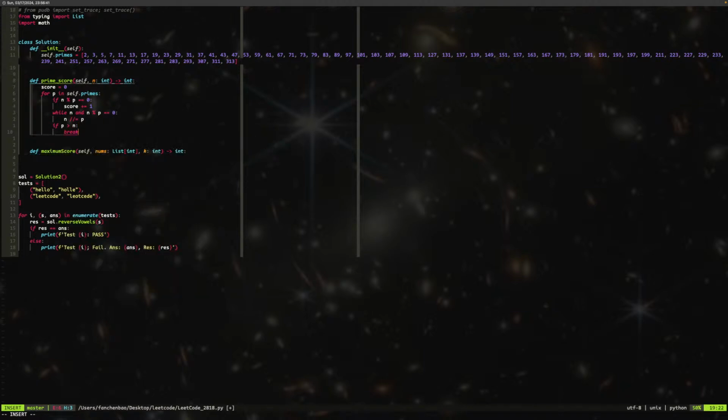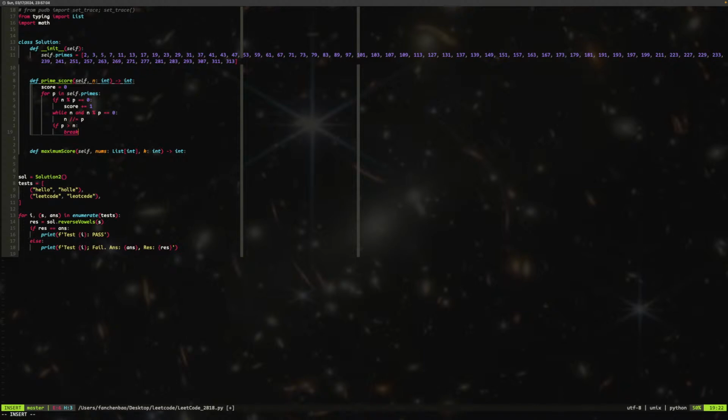Because you divide until a certain point, you remove all the factors. You have the next one, and then you try to check the next prime factor, and if the prime factor you try to check is bigger than where I am, right?